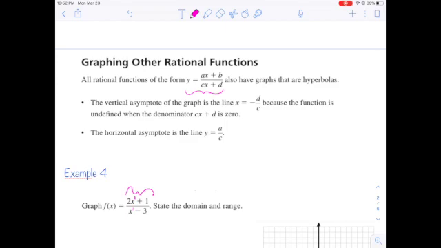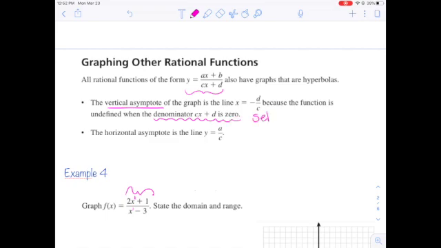Now, this, of course, is our hyperbola because we could rewrite it into the transformed way that we did in the last video. But what you need to know, the takeaway, is that your vertical asymptote of this graph is when your function is undefined, when your denominator is equal to 0.